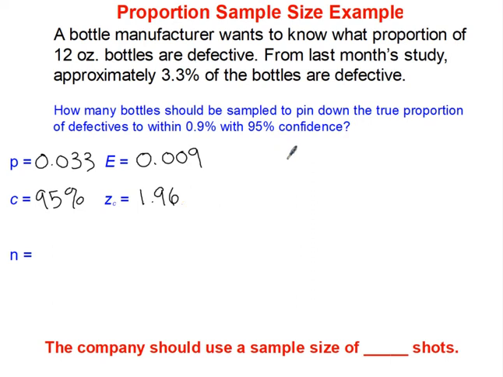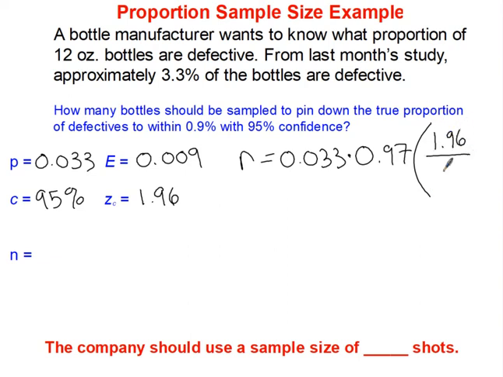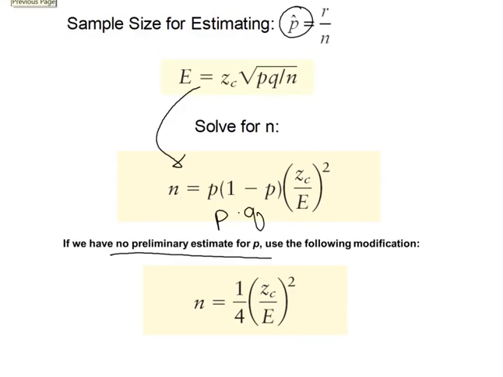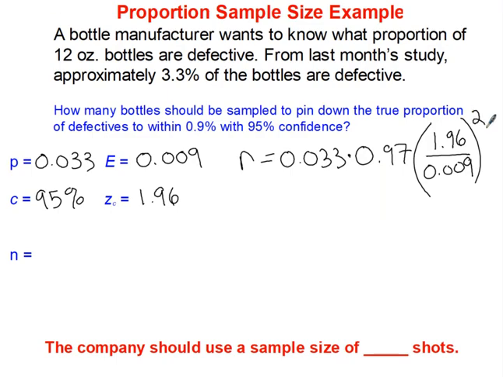So for my p-hat, I'm going to take p, which is this proportion given to me, and 1 minus that, so 0.967 for failure. And now my critical value of 1.96 divided by the error of 0.009. Okay, and just to double check, yep, I need to square that as well. So I always like to work with the fraction first, 1.96 divided by 0.009.